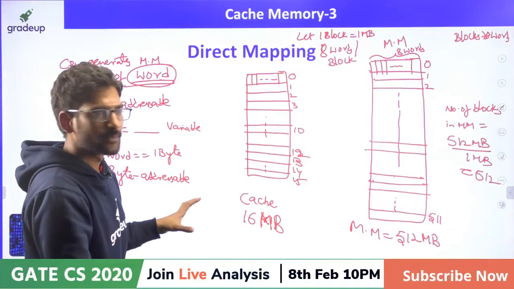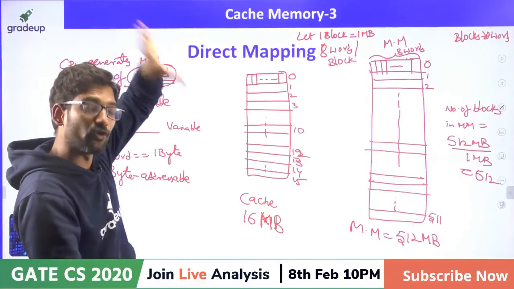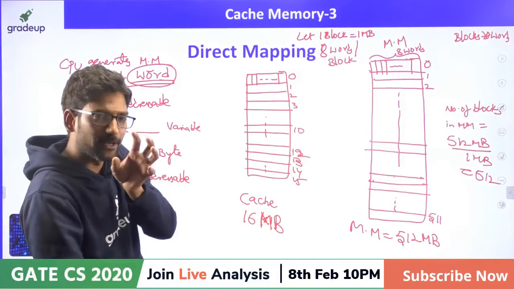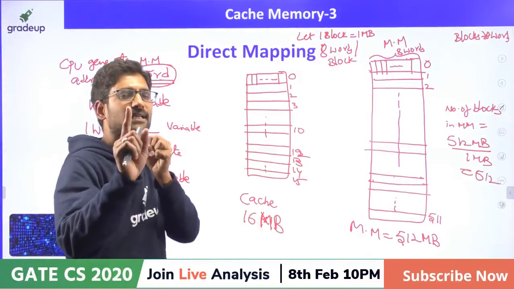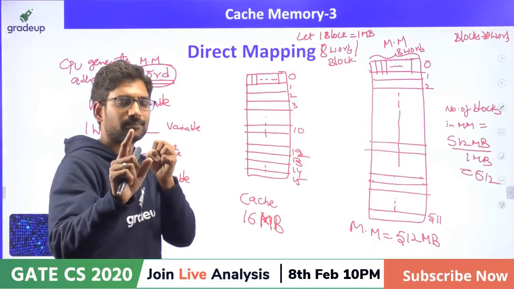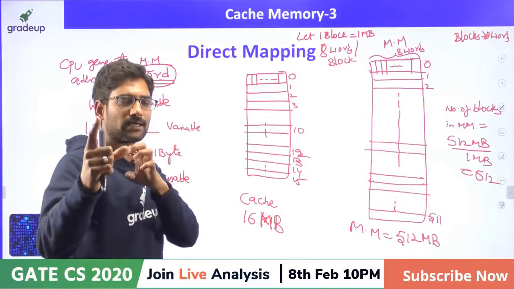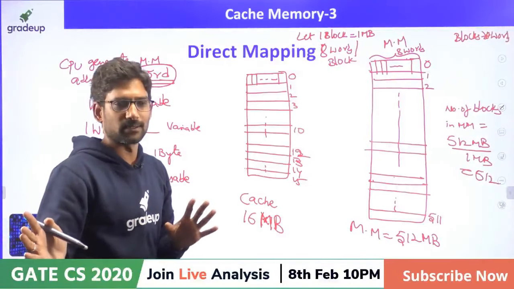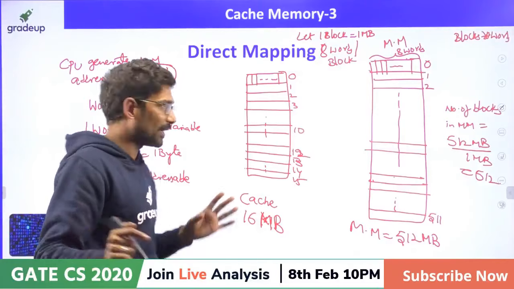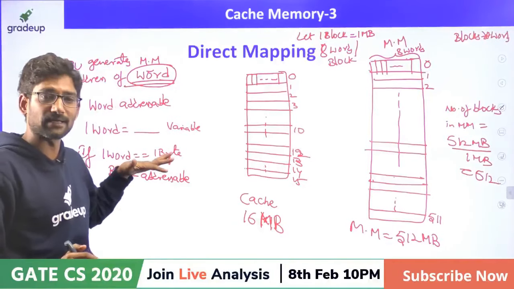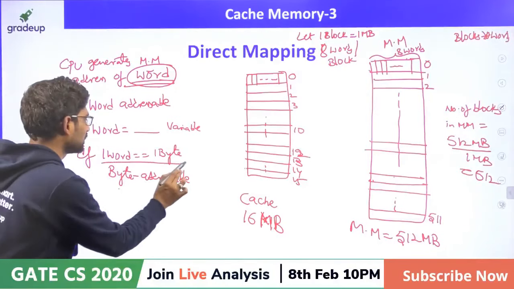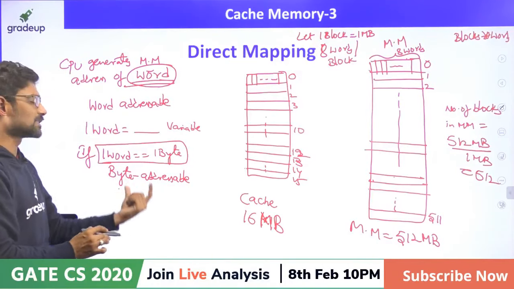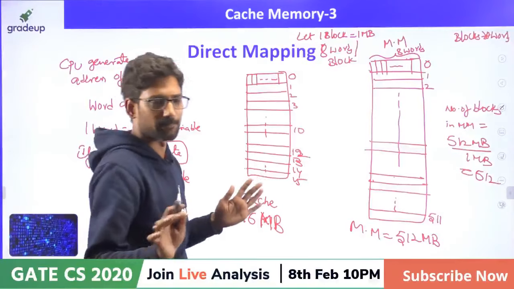If one word is equal to 4 bytes, word addressable means every 4 bytes together will have a single address. You should understand: one word, one address is word addressable. One byte, one address is byte addressable. Only when one word is equal to one byte will word addressable and byte addressable become the same.